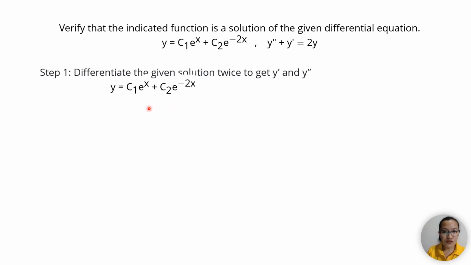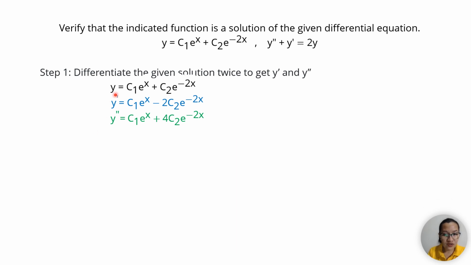Differentiating, we have y prime equals c sub 1 e to the power of x minus 2 c sub 2 e to the power of negative 2x. Then differentiating again, the first term will still be the same, but the second term will now have a coefficient of positive 4, so plus 4 c sub 2 e to the power of negative 2x.